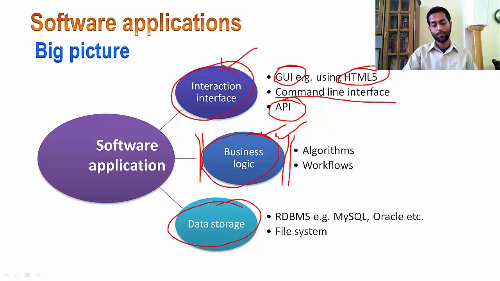And data storage: any information that the application is processing while performing its tasks has to be persisted or stored for later retrieval in some sort of durable storage. That could be realized by using some relational database management system such as MySQL or Oracle, etc., or the raw file system itself.